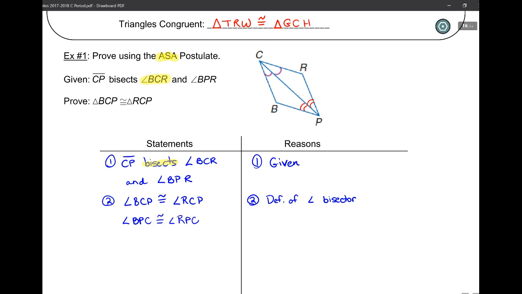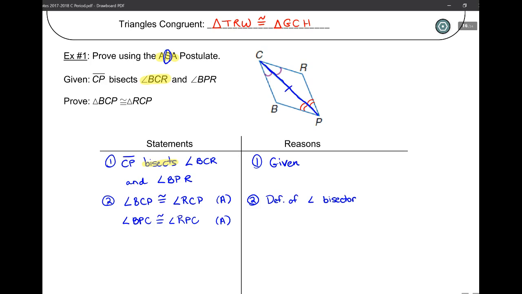Now if I look at my statements so far, here's a pair of angles, here's another pair of angles. So all I need is the included side. Well, if you look closely at triangle BCP and triangle RCP, they actually share this side. This side happens to be the included side.